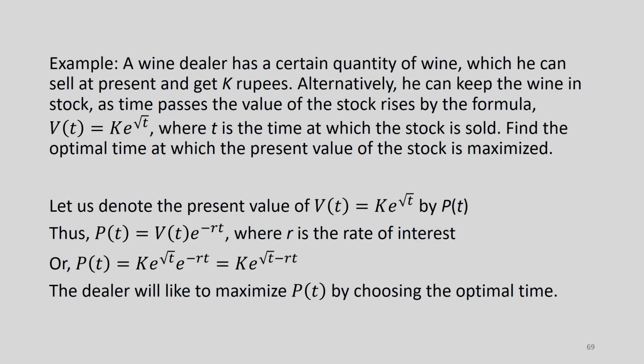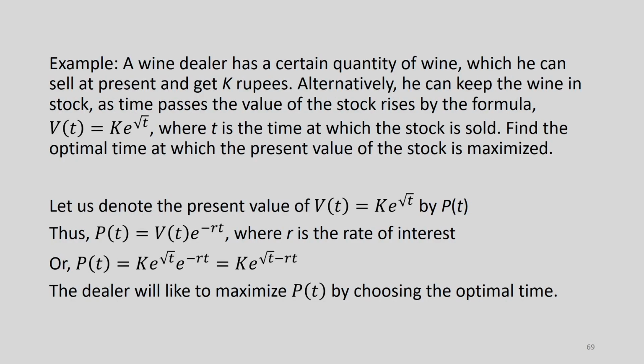Okay. Here is another example, again from the world of economics. A wine dealer has a certain quantity of wine which he can sell at present, that means right now, and get k rupees. Alternatively, he can keep the wine in stock.